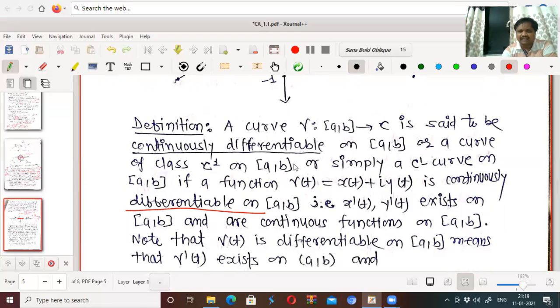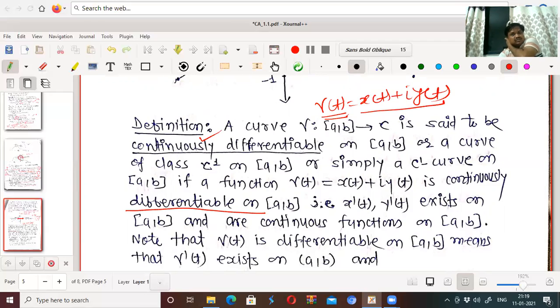We know that gamma is a curve, meaning gamma is a mapping which is given by x(t) plus i y(t). We say that this curve is a smooth curve if this function is differentiable and its derivative is continuous.